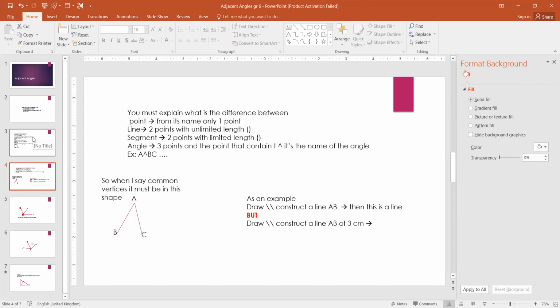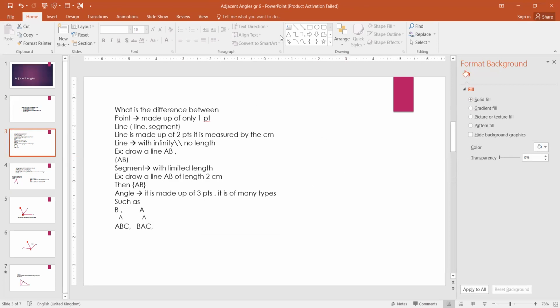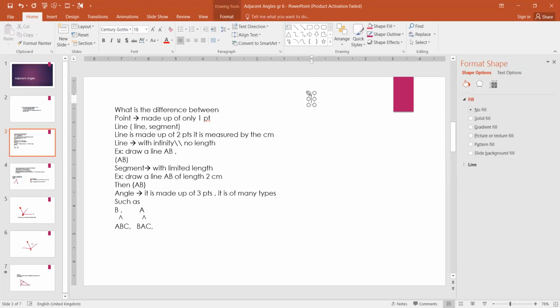After that, what must be known is the common vertex, or the vertex. Let me define the vertex first. It's a point that joins two lines.